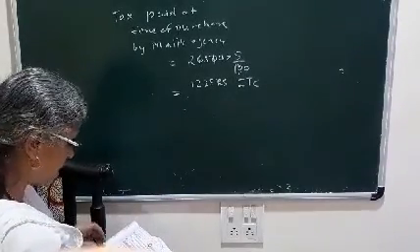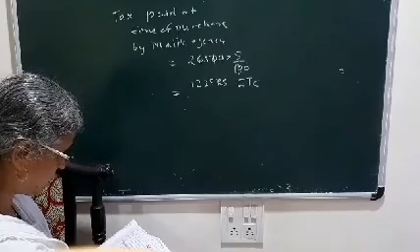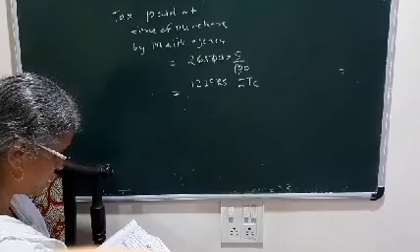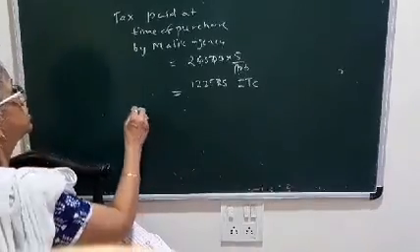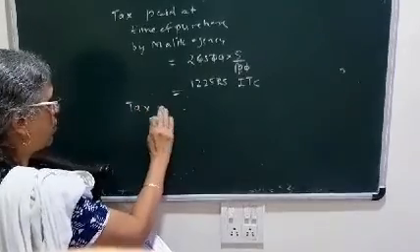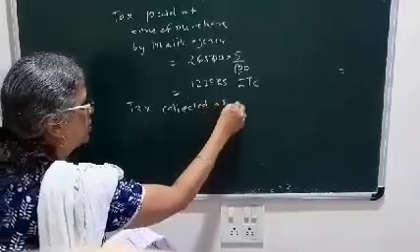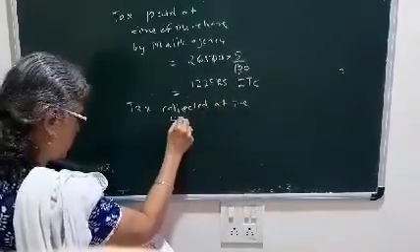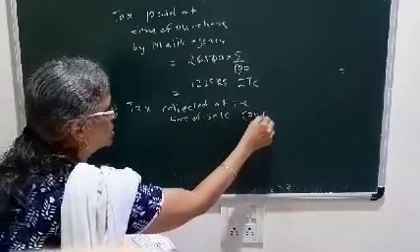Now tax collected at the time of sale. So they have sold at the rate of 5% GST to local customers for 26,500. Tax collected at the time of sale, that is output tax.